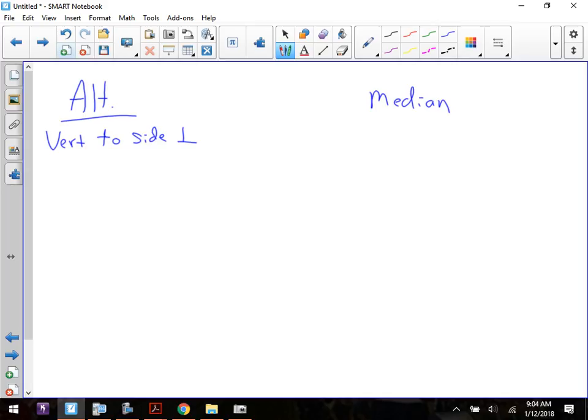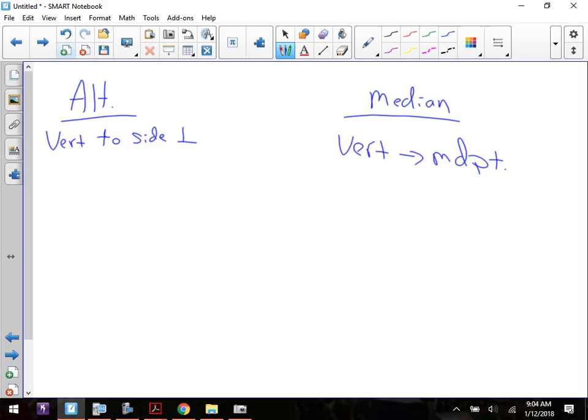So it's always going to be from a vertex to the opposite side, and that's perpendicular. Whereas a median is going to be from a vertex to a midpoint. It's a quick reminder.